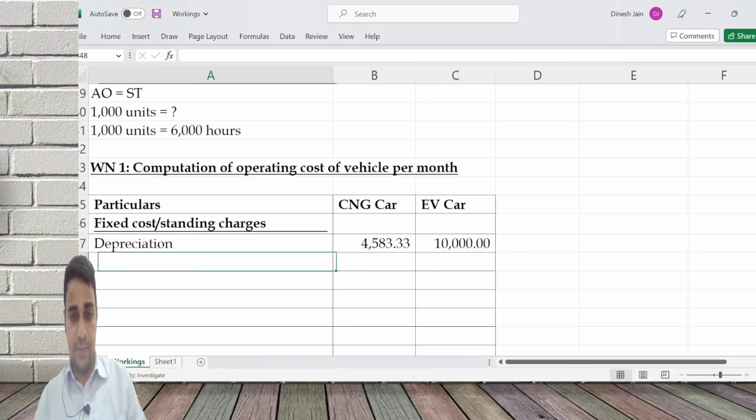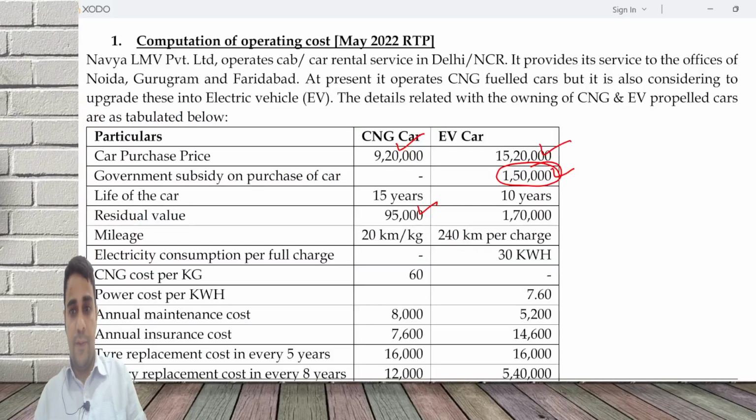Depreciation is 10,000. Why we are subtracting 150 is government gives us the subsidy. So we are paying not 15 lakh 20, we are paying only 13 lakh 70. Life is 10 years and residual value is 170.